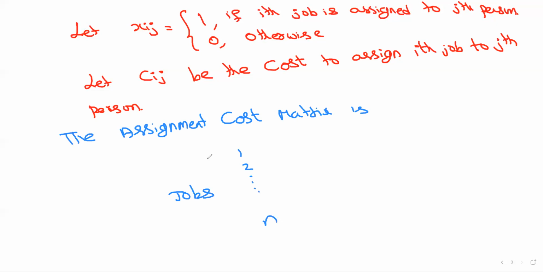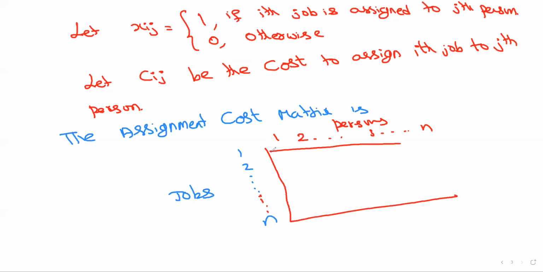And on top we have persons: 1, 2, 3, and so on up to n. Here i is the job index and j is the person index. And here the values are C11, C12, and so on, C1j, and so on, C1n. Like that, you already know it.